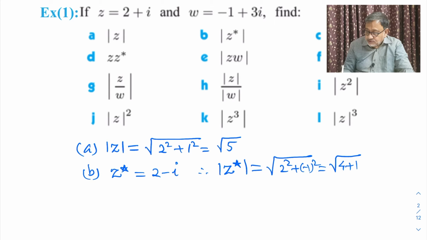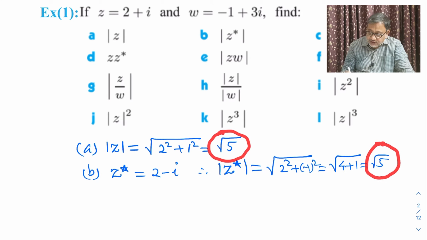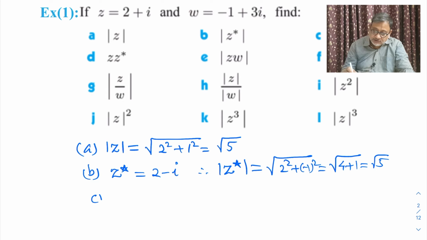So 2 square is 4 plus of minus 1 square is 1, which will be square root of 5. So we have just seen that the modulus of z as well as modulus of z conjugate give you the same answer.